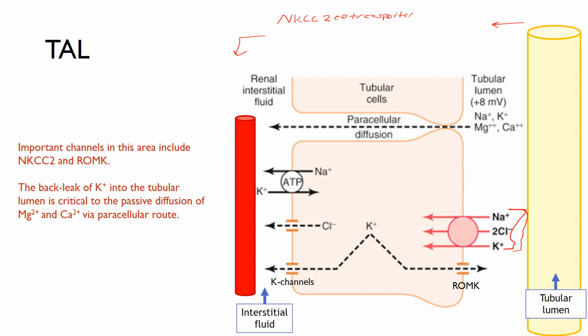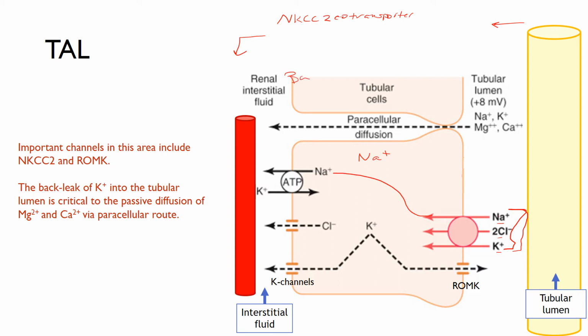So solutes that are moving in, they are co-transported in at the same time. These solutes are sodium, chloride, and potassium. They enter into the cell using the NKCC2. And then once inside the cell, they can navigate through the cell and they have to figure out their destinies, if you will. Speaking specifically first about sodium, if we track sodium, once it's inside the cell, it will exit the cell across the basolateral membrane.